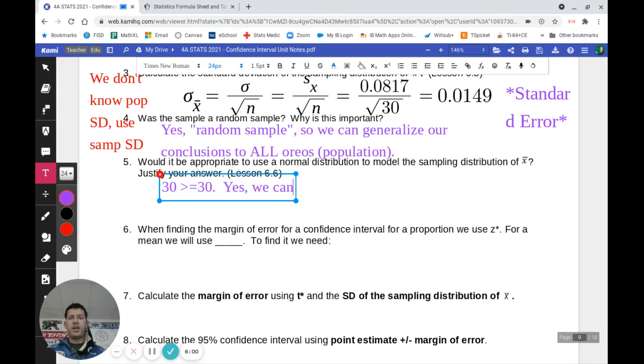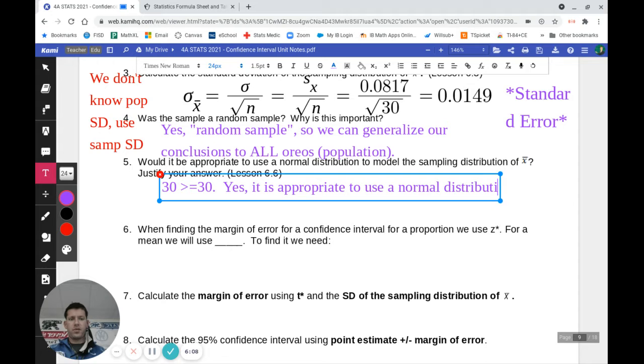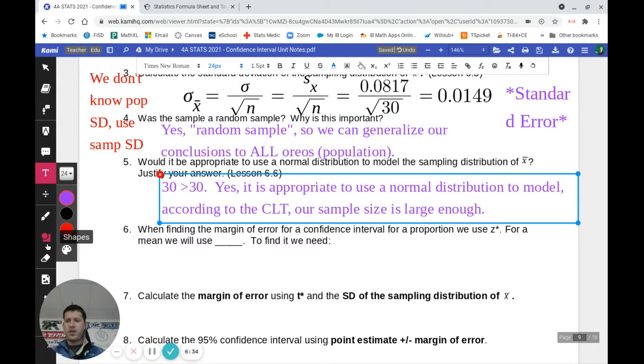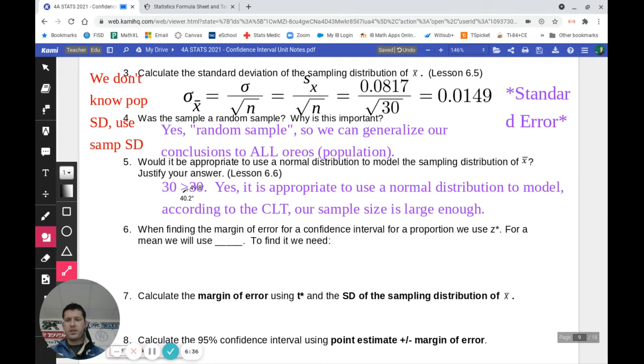So yes, it is appropriate to use a normal distribution to model this, according to the central limit theorem, CLT. Our sample size is large enough, just large enough. 30 is greater than or equal to 30. We can, of course, write that as one symbol if we want. I'm probably just going to draw in another line right underneath that.